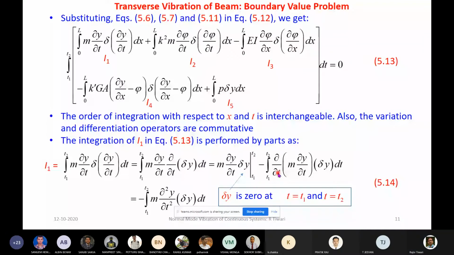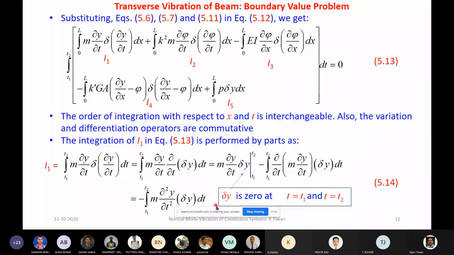Now this variation of y at t1 and t2: we have seen that the variation is not defined at the beginning and the end of the time instants we are considering. It is 0 at that point, so the first term will be 0, and we'll be left with the second term as it is.